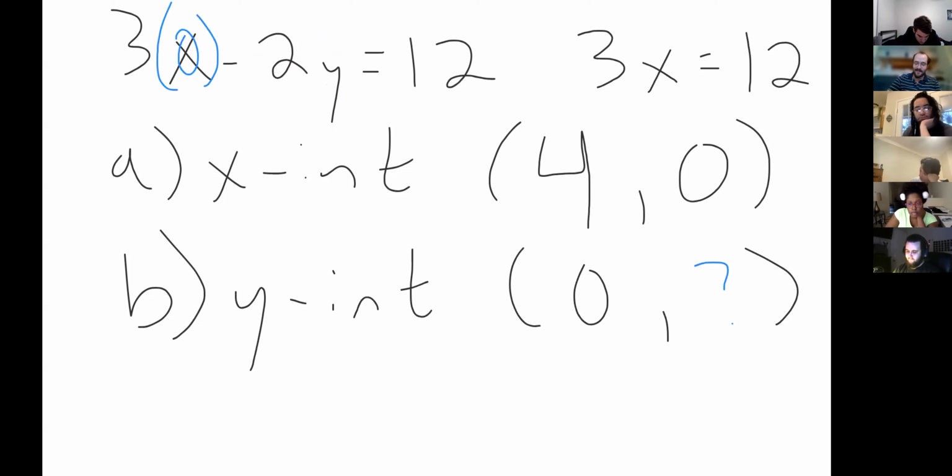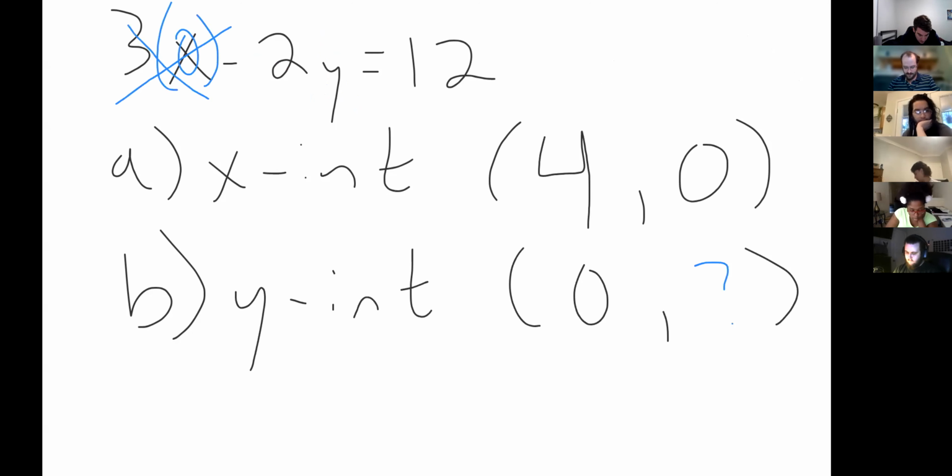And we choose to plug it in because of this, right? All this thing is going to go away right here. And so now I'm left with -2Y equals 12. Now I divide by 2, and what I have is -6. So -2 divided by -2 should give me a -6.